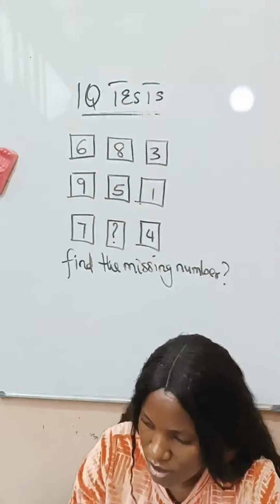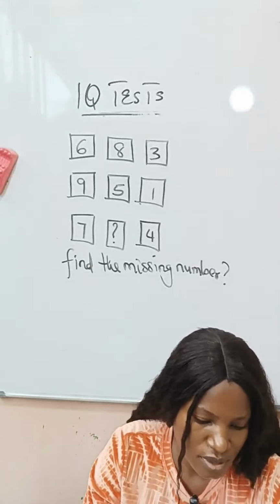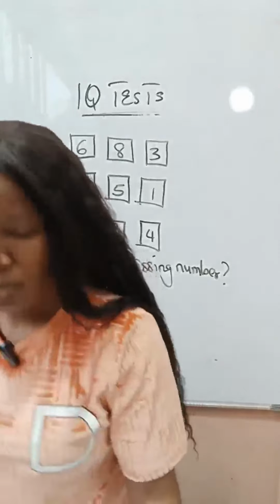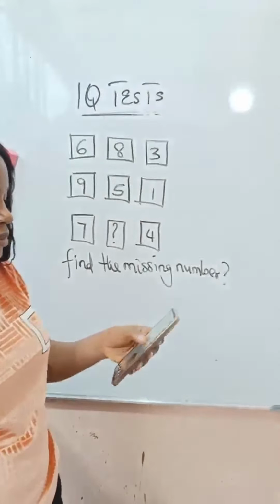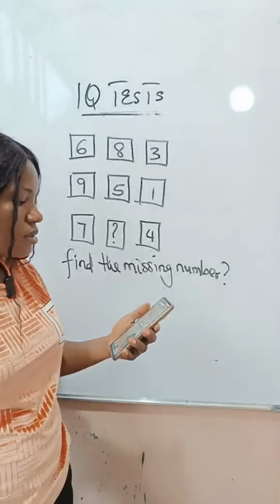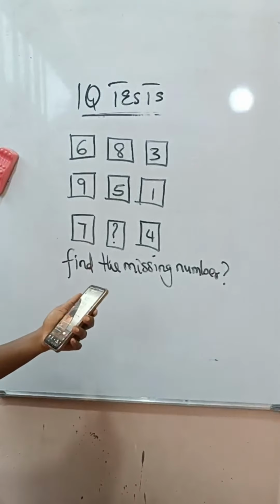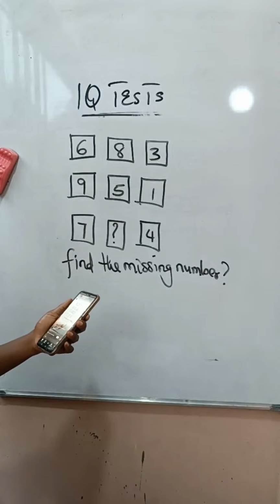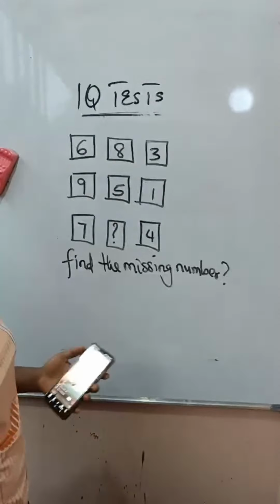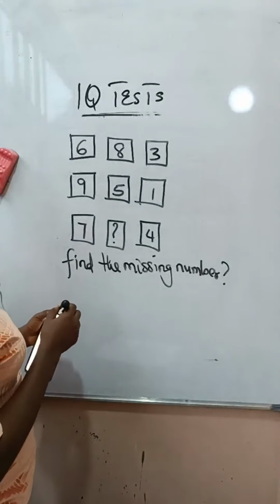Now, we have this. Let us do this. First of all, let's look at this diagonally.